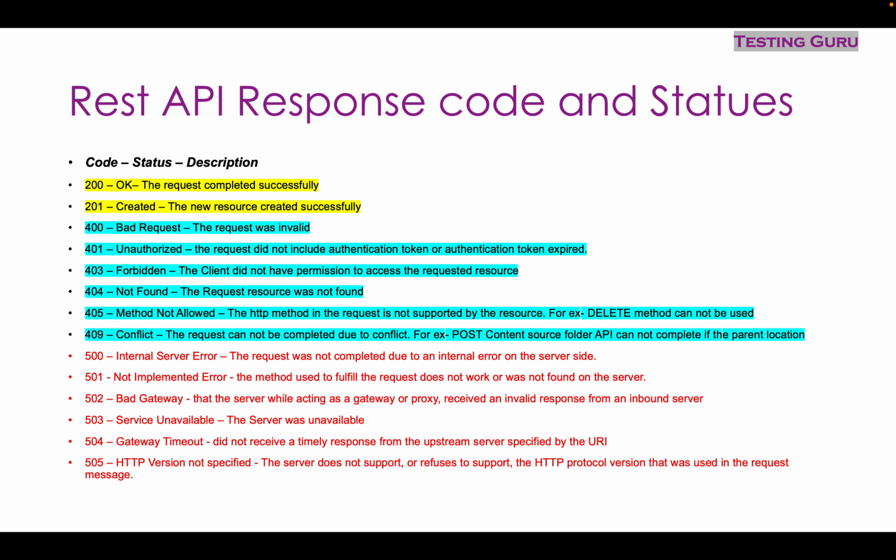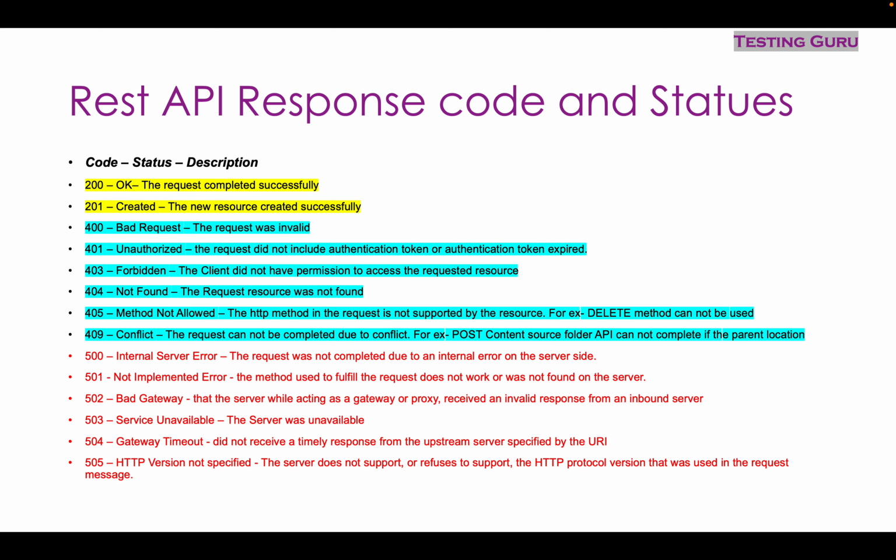The server got an invalid response while working as a gateway to get the response needed to handle the request. And the next one is 503, which is service unavailable. When the service is unavailable from the server side and the server is not ready to handle that request, in that case we get 503 errors.